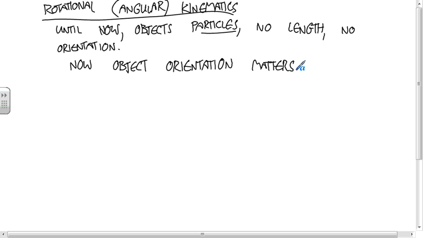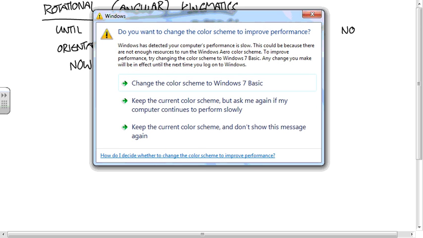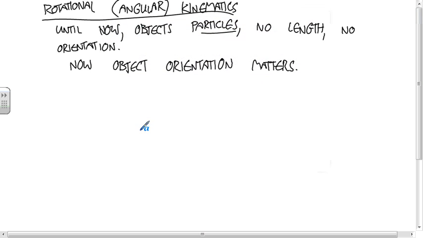And so now we're going to go from talking about circular motion as this, where the path is moving in a circle, to talking about changing orientations, rotations, where maybe the object isn't moving in a circle, but it's changing orientation. So this is the motion we're going to talk about now. Okay.